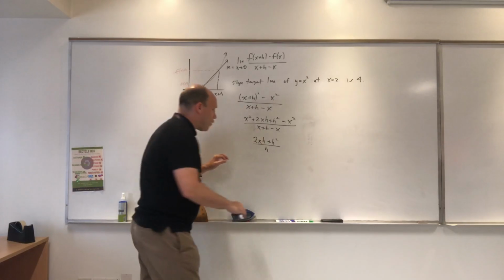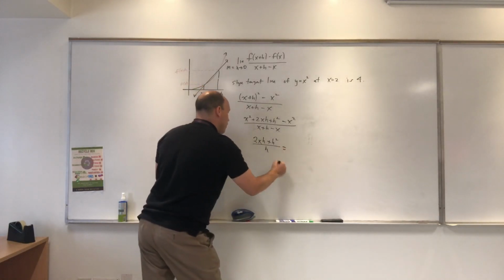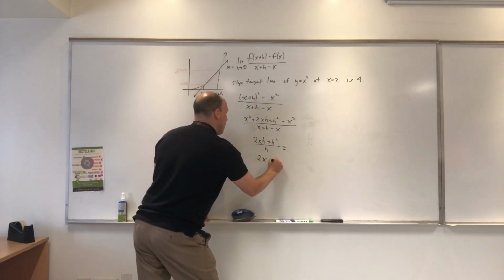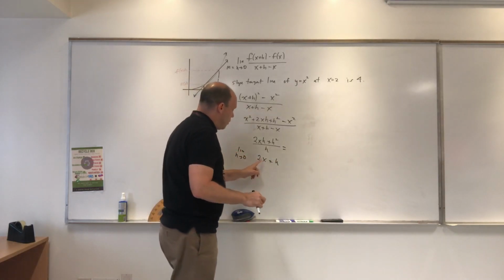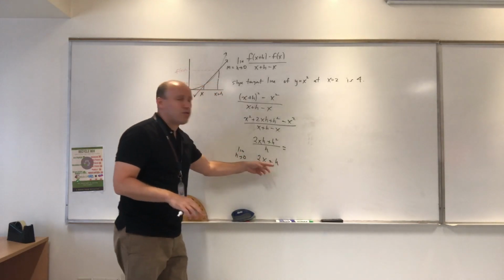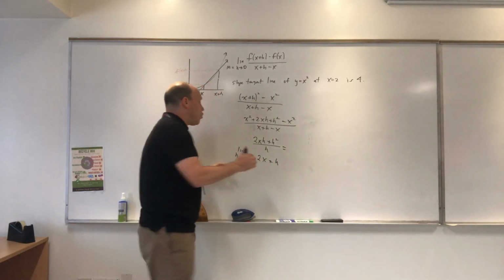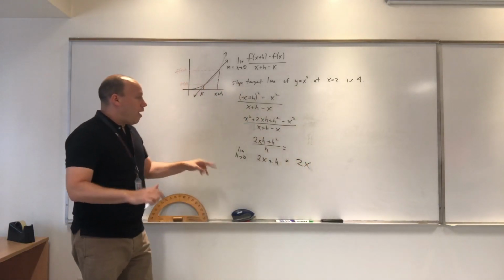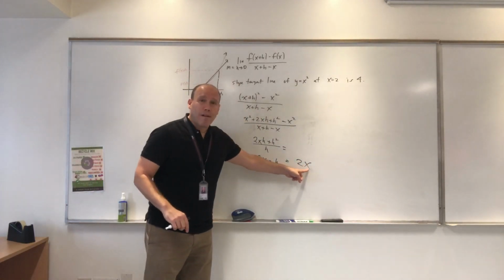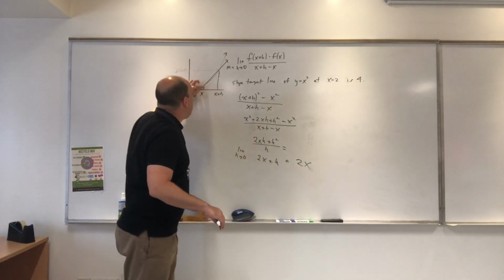I'm going to factor out an h. So this becomes 2x plus h, and in the limit as h goes to 0, as h gets ridiculously small, this expression goes to 2x. Now, this actually gives us the formula for the slope of the tangent at any point.